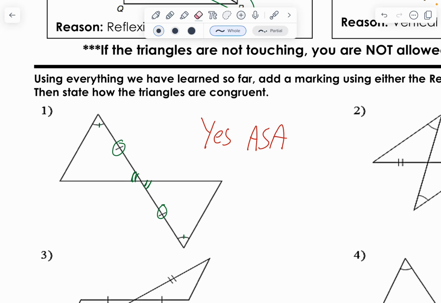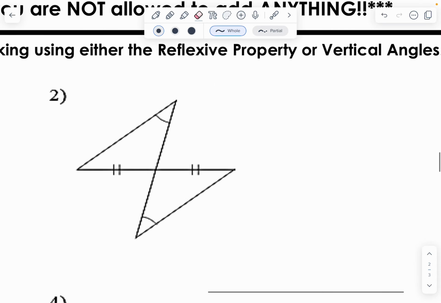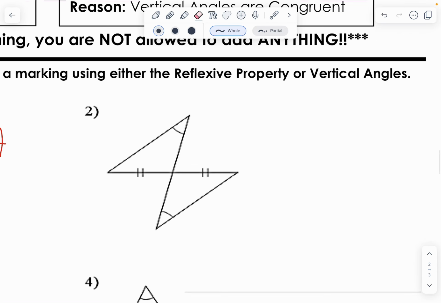Number 2. See what we have right over here. We have another set of vertical angles this way. One, two. And we have another angle right over there. Angle, angle, and this side that's marked is not in between those two angles. Looks like we have angle, angle, and a side that's not in the middle.